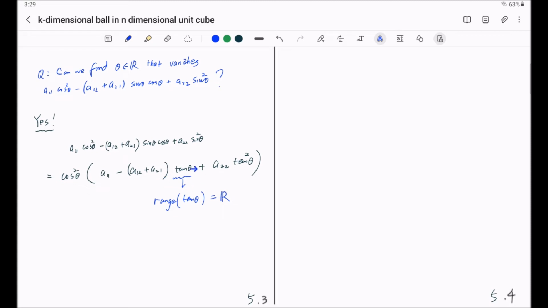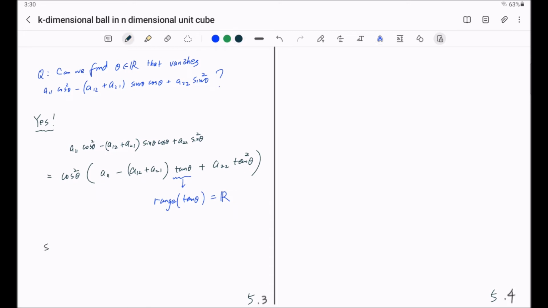So if you can find a real number, the tangent theta, that will make this part vanish, then we are done. Don't be silly and say that you can just plug in theta equal to pi over 2, because in that case, although this part is 0, this part is infinite. 0 times infinity, weird. Actually, if you plug theta equal to pi over 2 in here, you get a finite number which may not be 0.